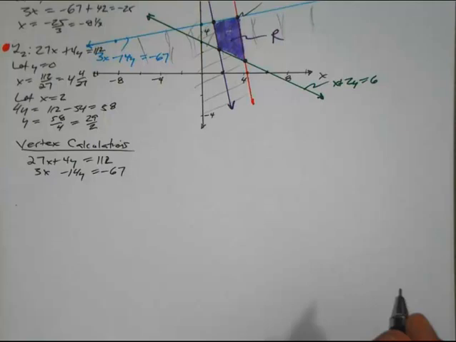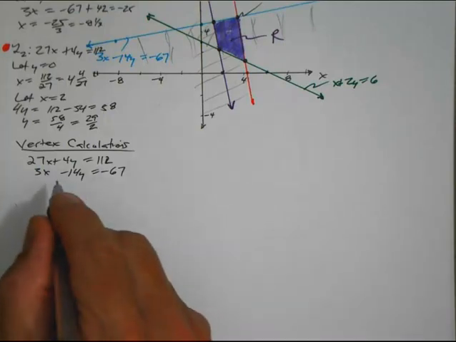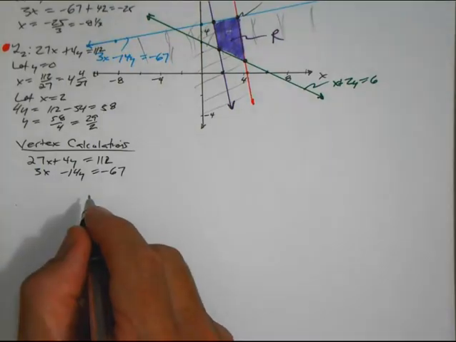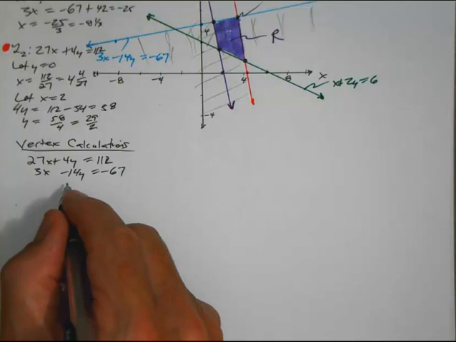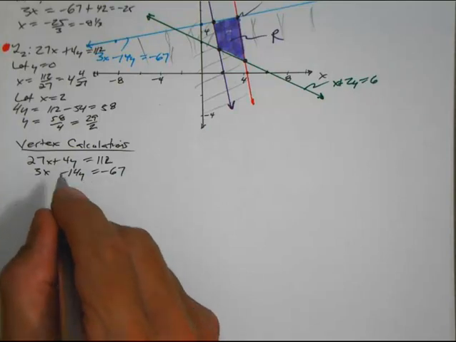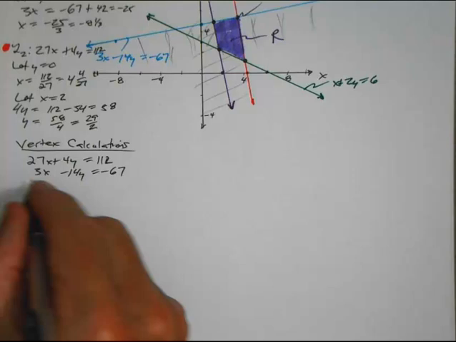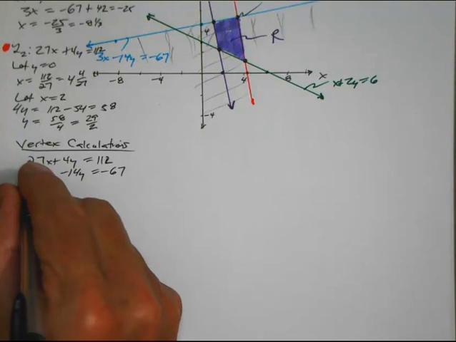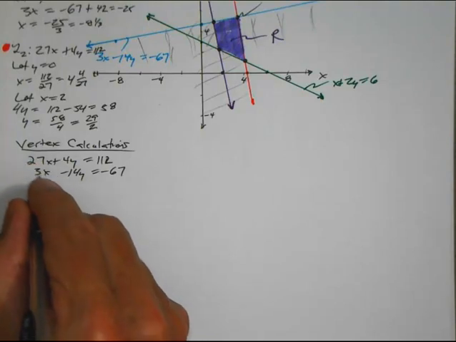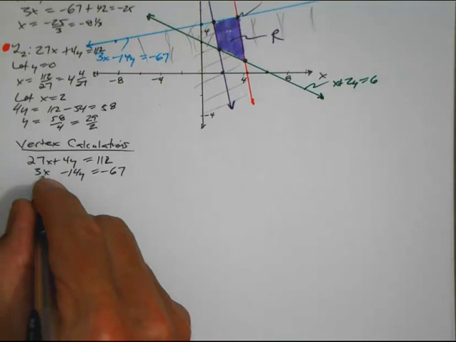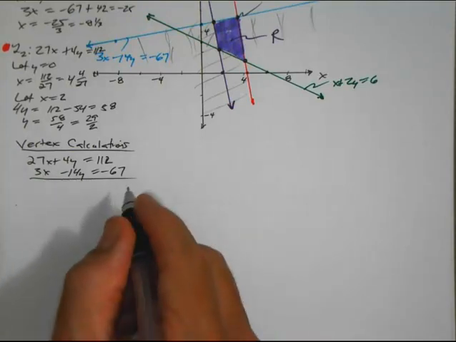Okay, let's see, what could we do here to set up our elimination? Okay, we could work through this equation minus 9 of these, which will eliminate the x's right away. Okay, let's get going here.